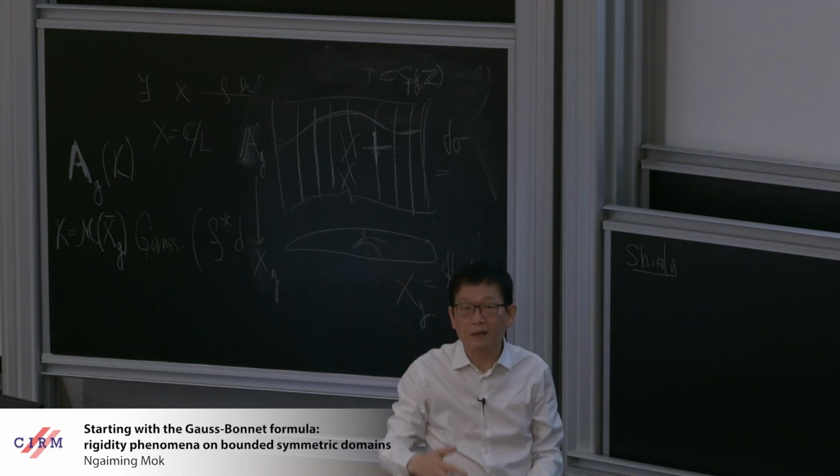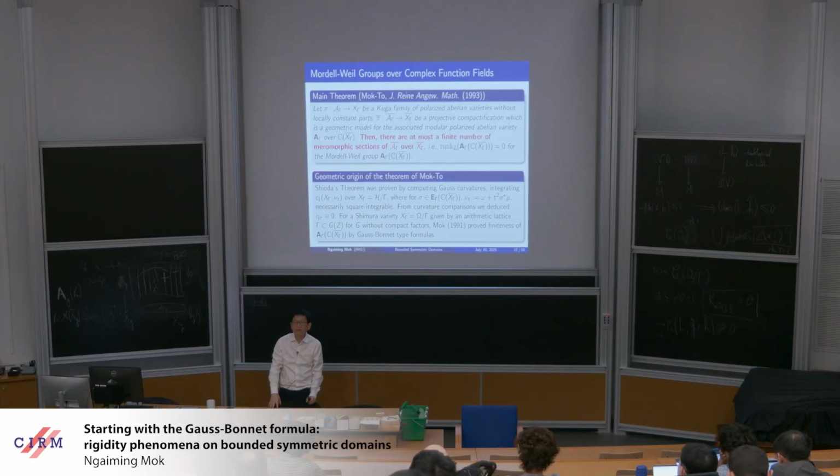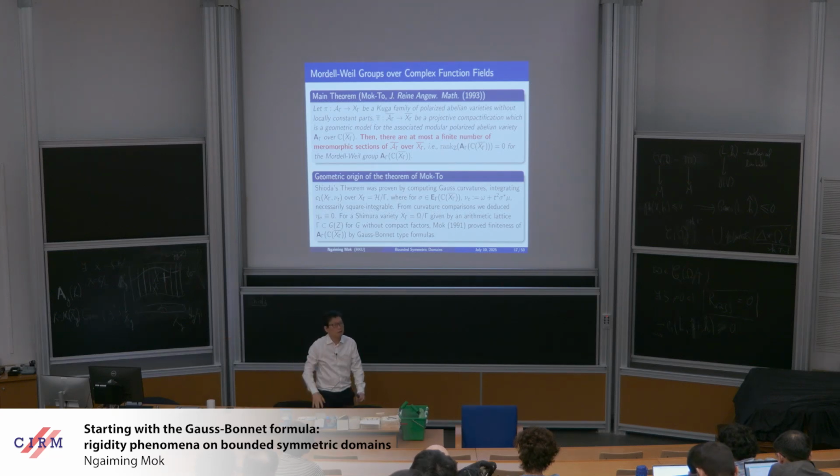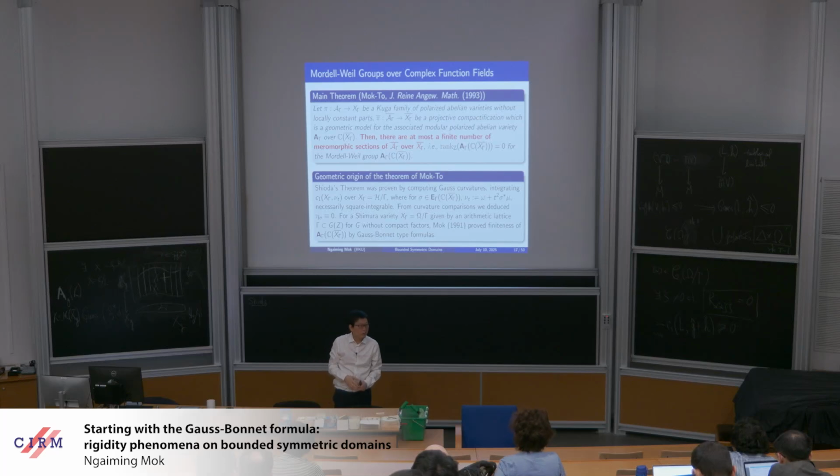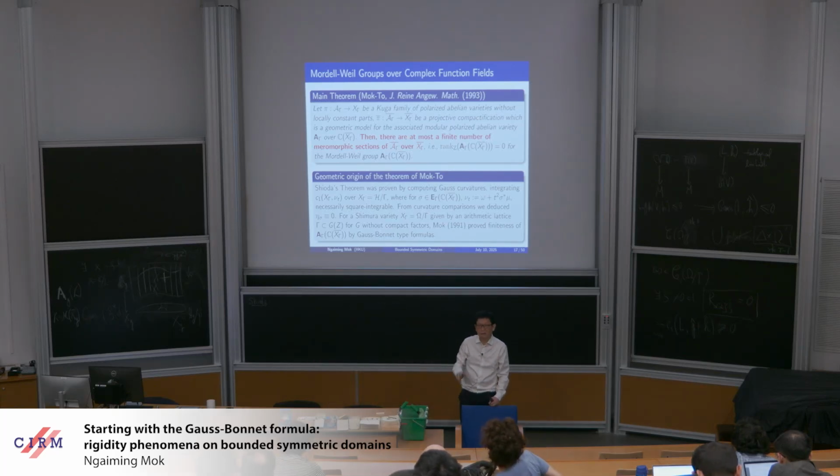So you have a family of metrics. For this family of metrics, you have the Gauss-Bonnet integral, the integral being equal to 0. But now this can be expanded in terms of t. And the first term that appears is actually the same as the integral for the metric rigidity theorem. Therefore, I saw immediately that if you take this approach, the Siegel modular case is already proven.